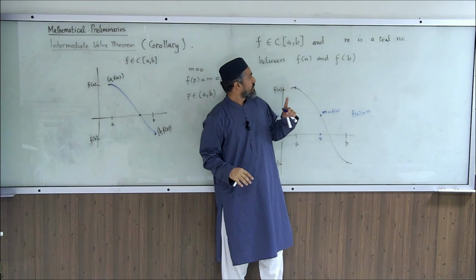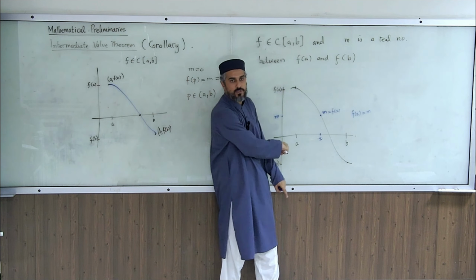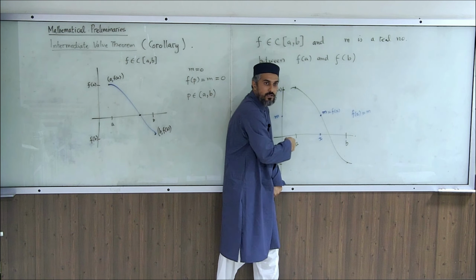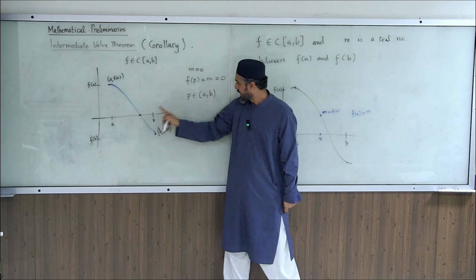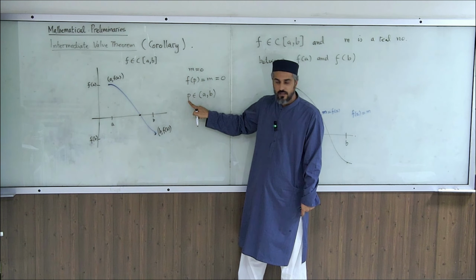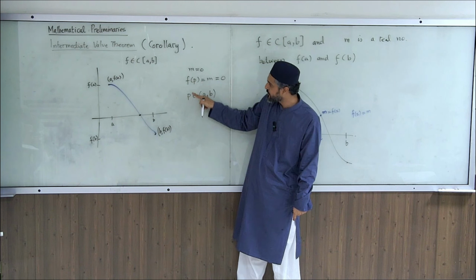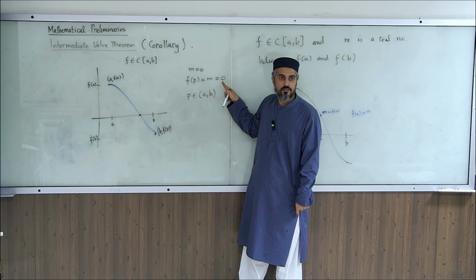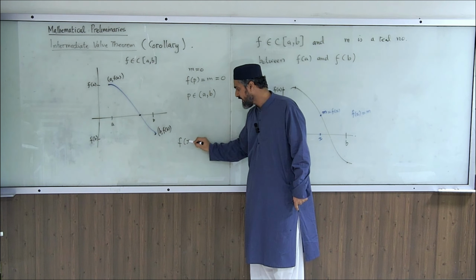So that x which is over here is somewhere between a and b. So this is the point p which lies in this interval, such that at this point the function is what? 0.